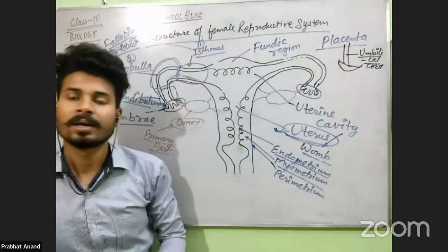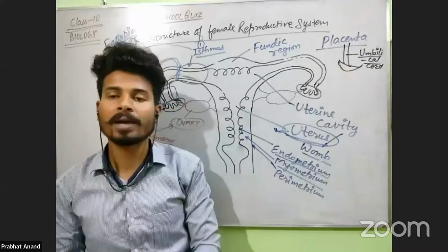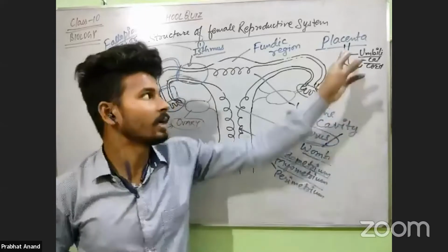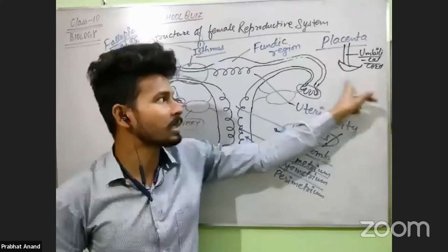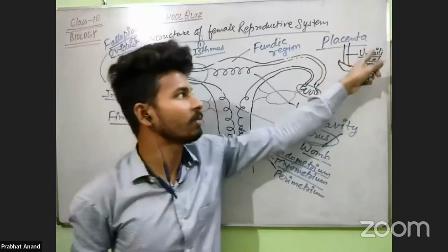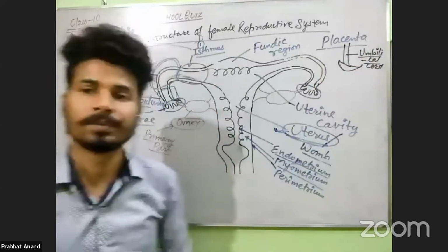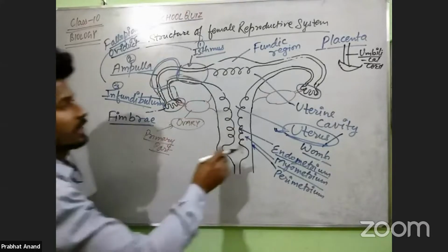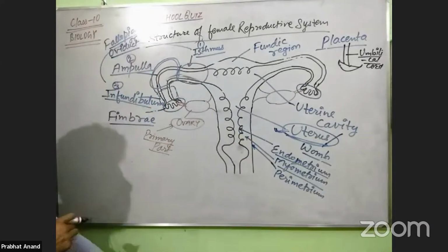Okay, everyone, is it clear? The placenta is the common point where the embryo and the mother are connected to each other, and after the placenta, the embryo is connected with the umbilical cord. So this is what takes place after fertilization.